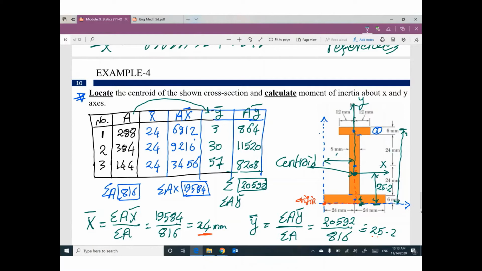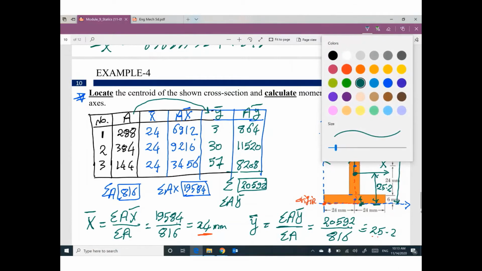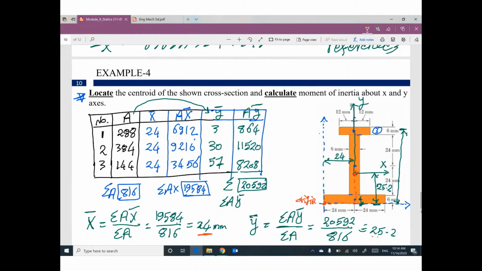It will be 24 millimeter. Okay, this is the first part of this problem. Locate the centroid. At this centroid, I can put the X and Y axis.